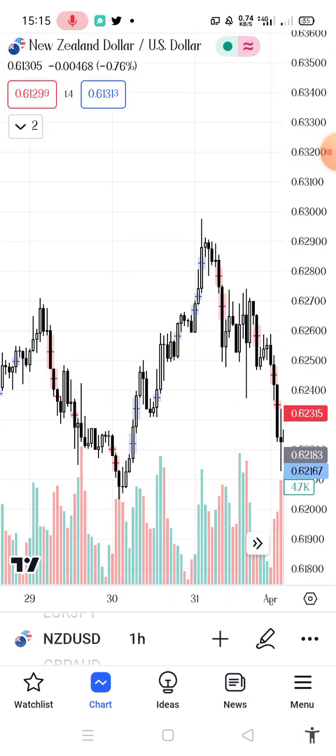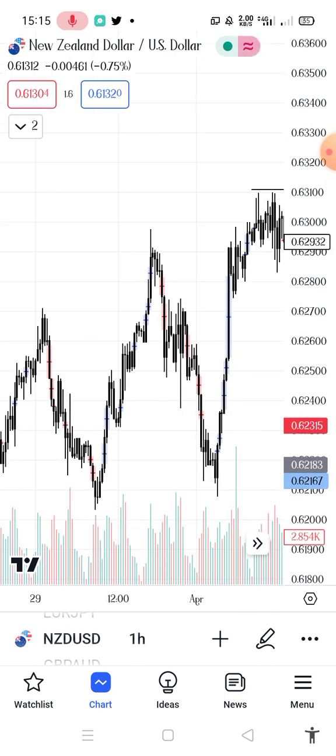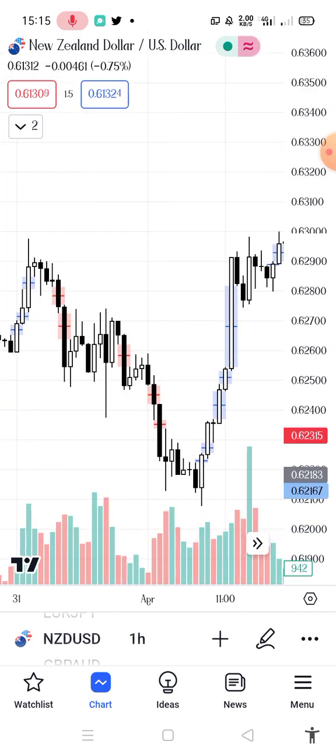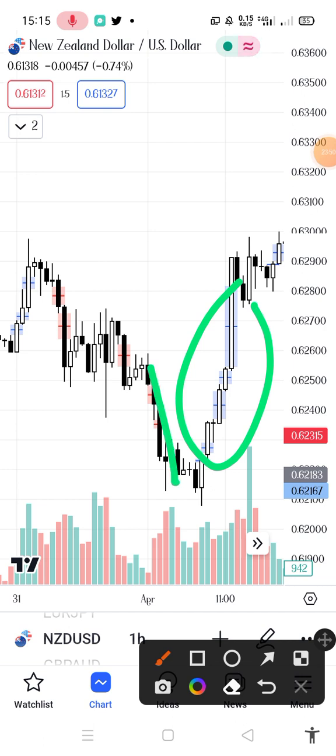But anytime it tries to move downwards, when it's moving up is white, when it's moving down is black. You can change the color to whatever color you want. For me, this white candle is the bullish candle. When it's moving up, when it's buying, is an uptrend, is bullish. Then this black candle for me is a bearish candle.